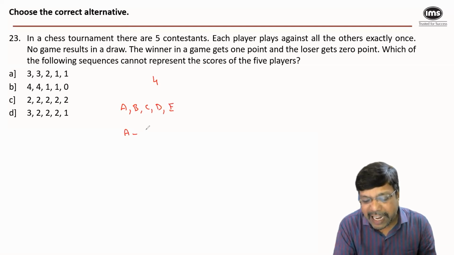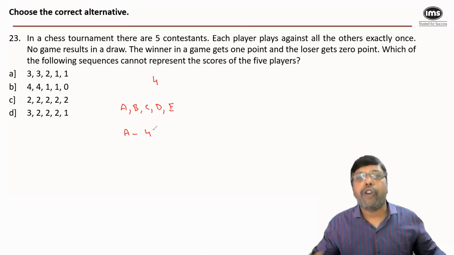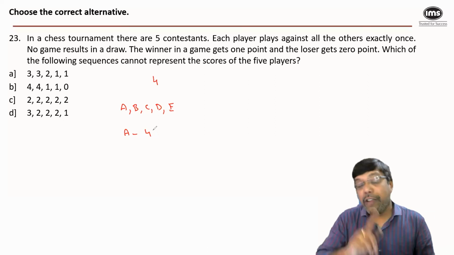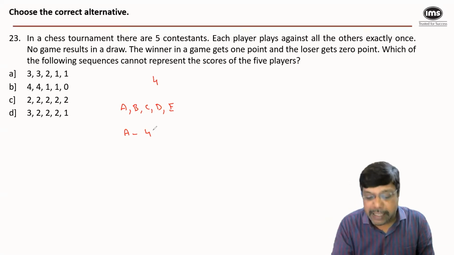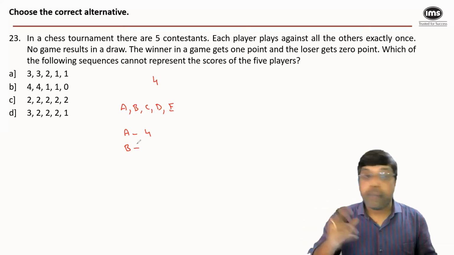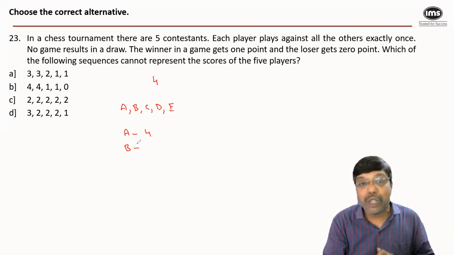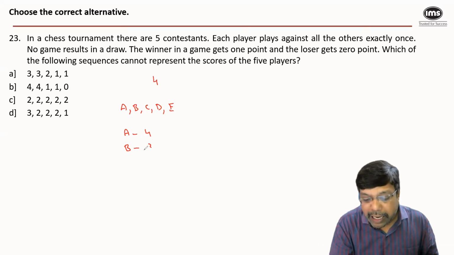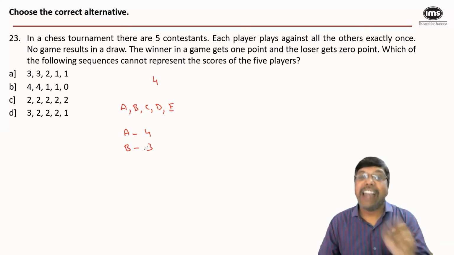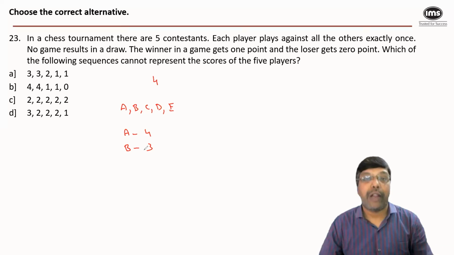Now, let's say A has won all the 4 matches, so he has got 4 points. If A has won all the matches, then the maximum number of matches any other player can win is 3, because he must have already lost 1 match to A. So there is a possibility of only 1 person ending the tournament with 4 points.